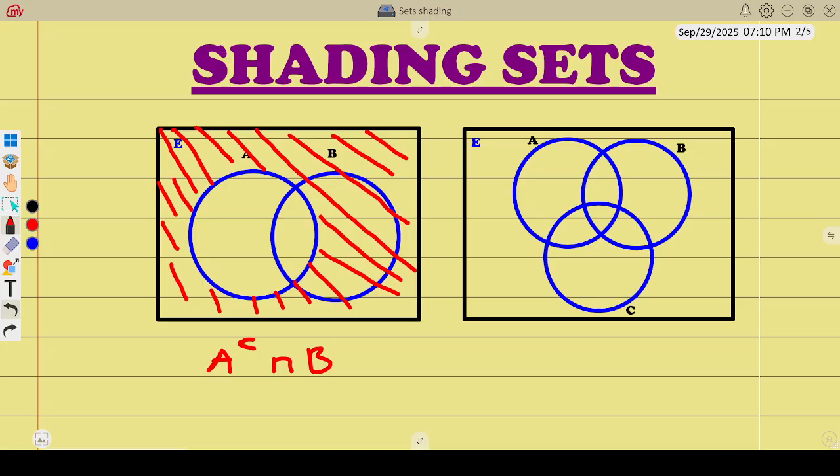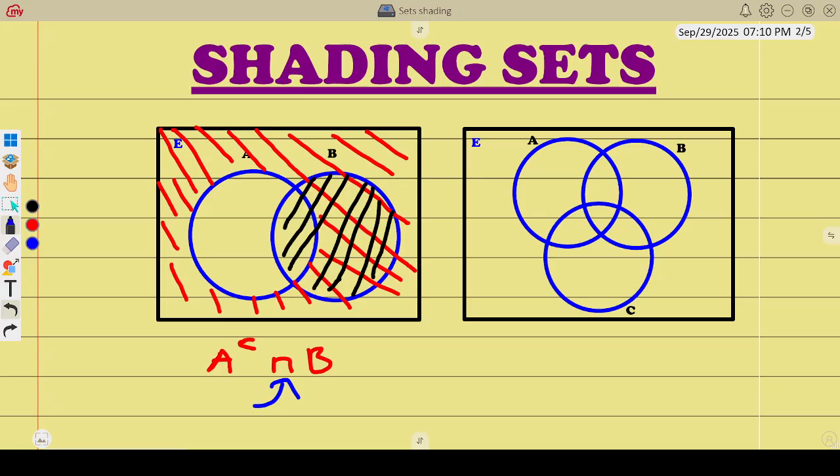And then here we have intersection, meaning with B. So now let us shade set B. We're going to shade it using black so that you can see the difference. Here we've shaded A complement in red and B in black. For you to know the intersection, you just have to check where you are having two colors.